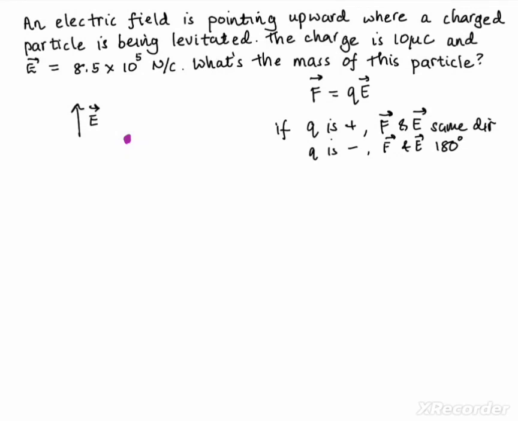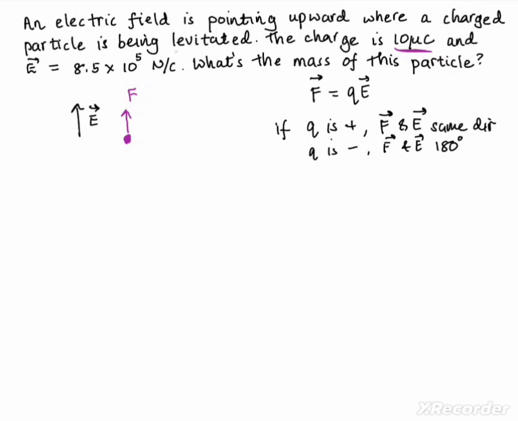So let's go back to our problem. We have E, and we have a charge which is positively charged, which means F and E are in the same direction. So on this particle, we have our electric force upwards.